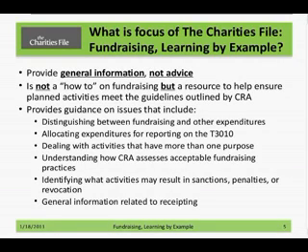So how you spend money is really critical. Knowing what is fundraising and what isn't is core to this document. Then secondly, how do we allocate those expenditures for reporting on the T3010?